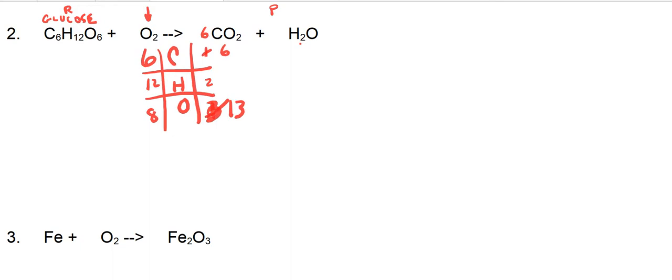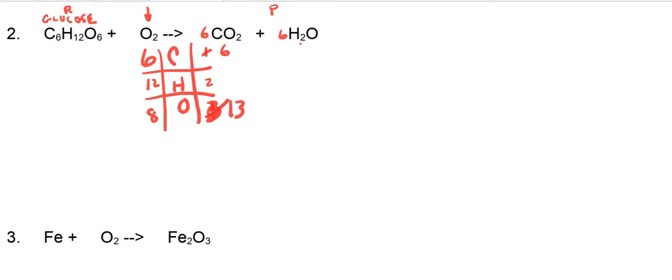So my carbons are balanced, but my hydrogens are not. To have the same number of hydrogens on both sides, we would have to multiply the 2 times a number to get 12. We know that 2 times 6 is 12. So we're going to put 6 in front of there.